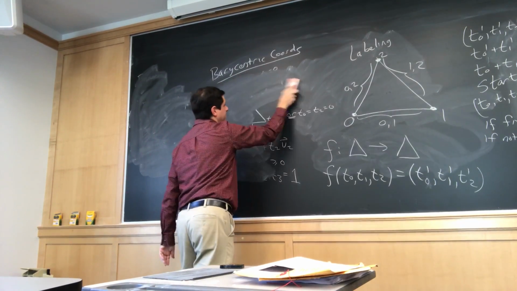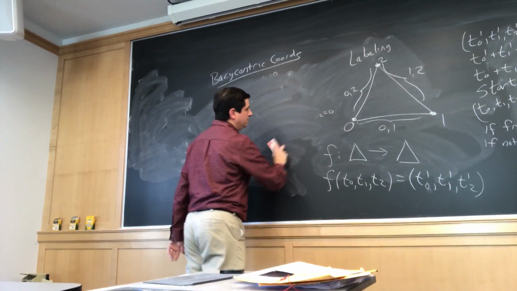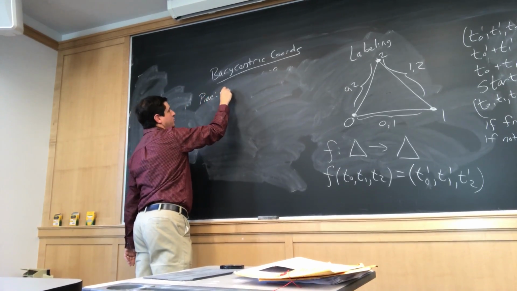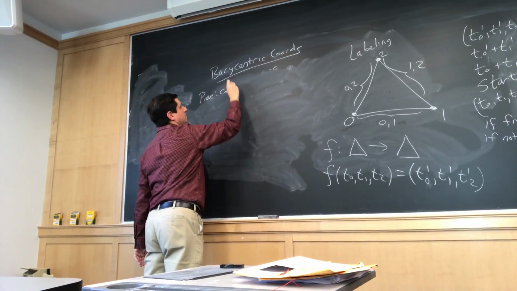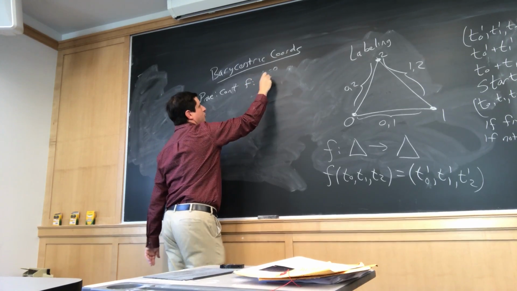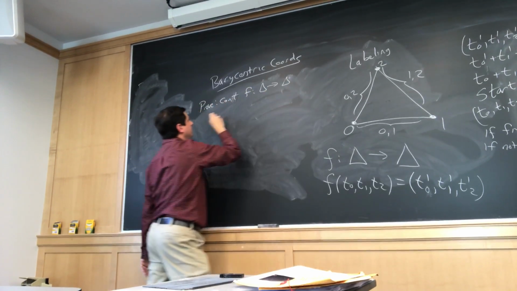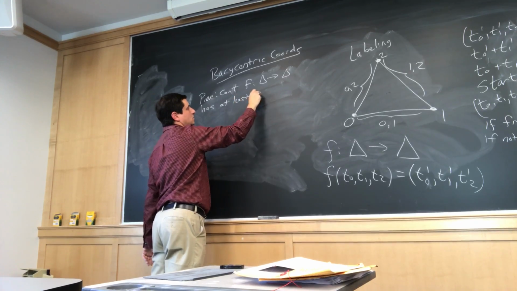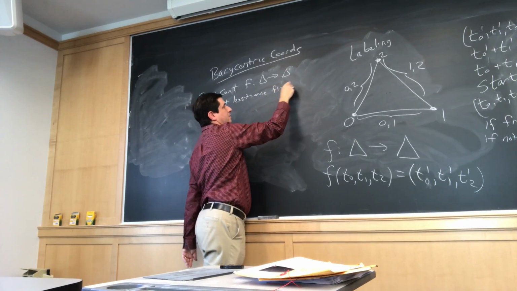And so the question is, how do we prove a continuous f from triangle to triangle has at least 1 fixed point?